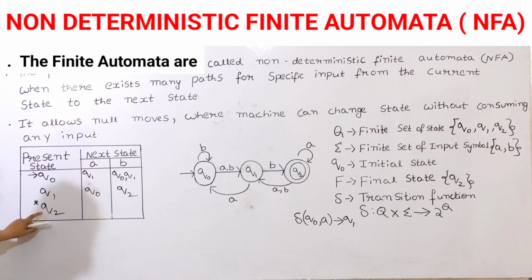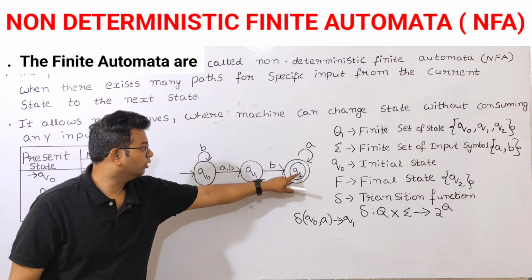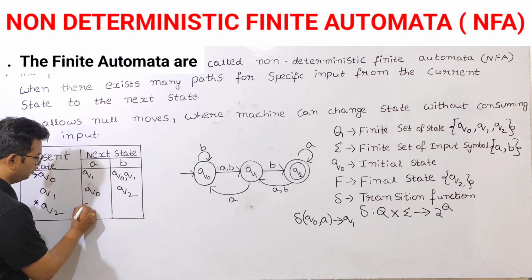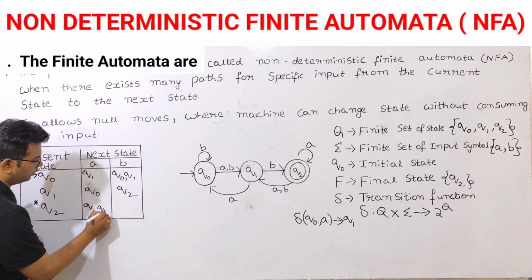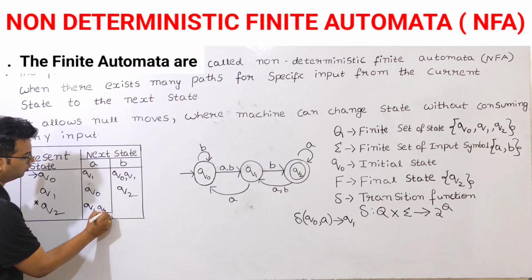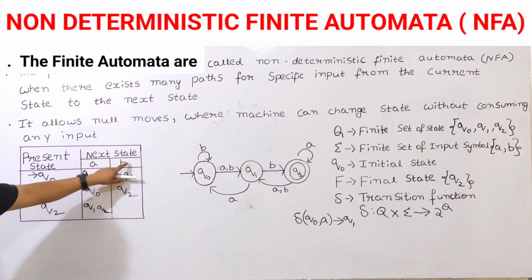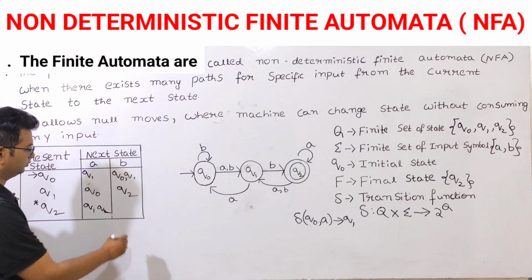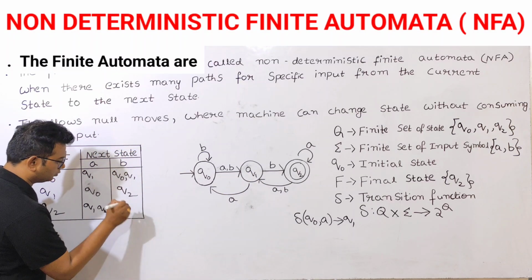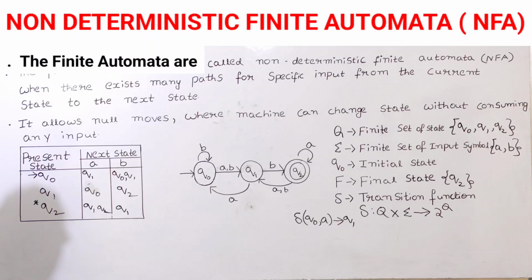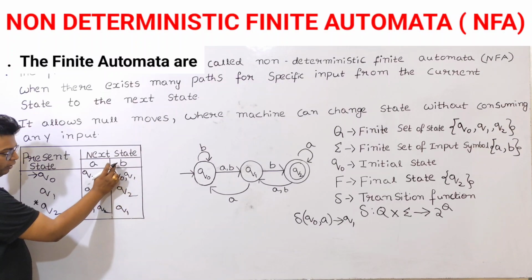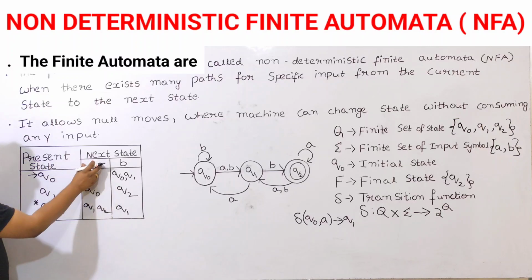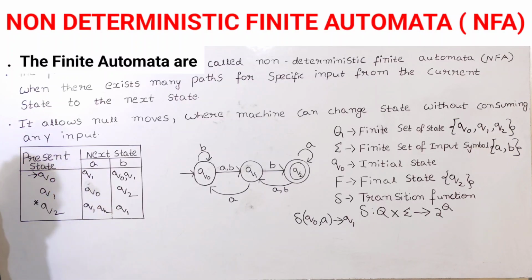Coming to the final state Q2, by giving A, we'll get both Q1 and Q2, and at Q2 by giving input B we'll get Q1. So we can see here that for B we get both Q0 and Q1, and for A we get both Q1 and Q2.